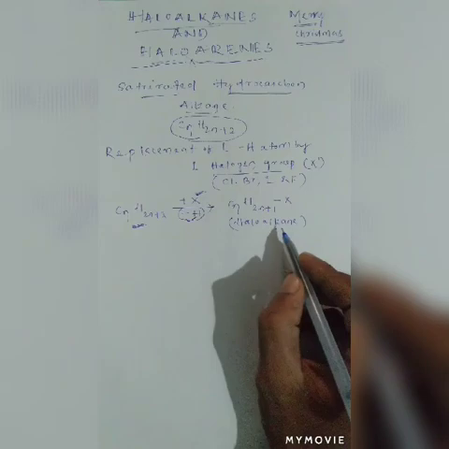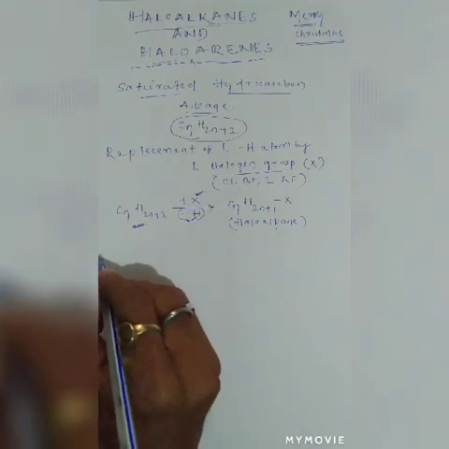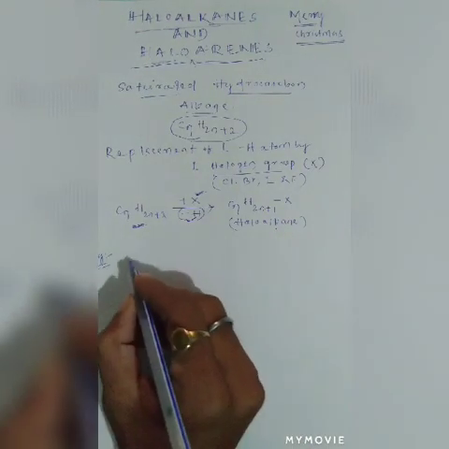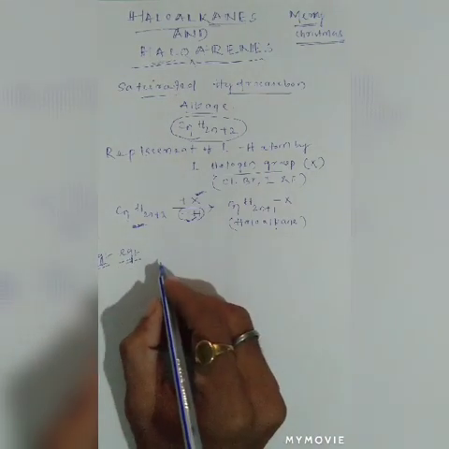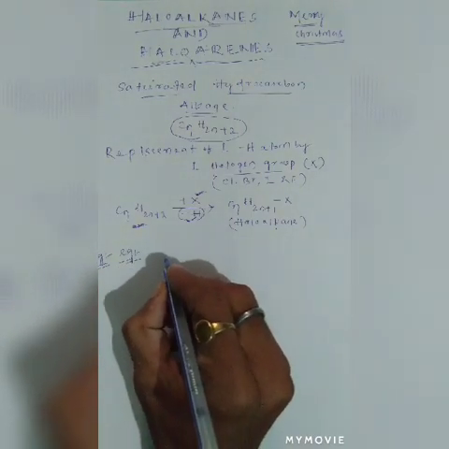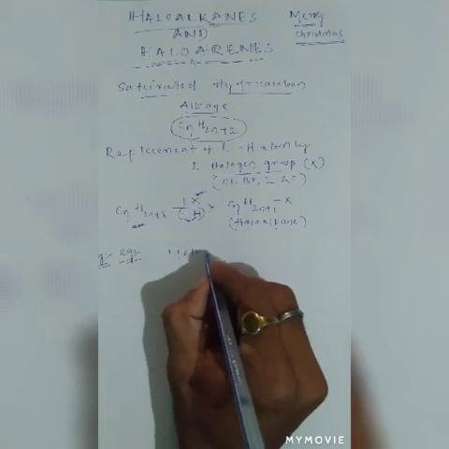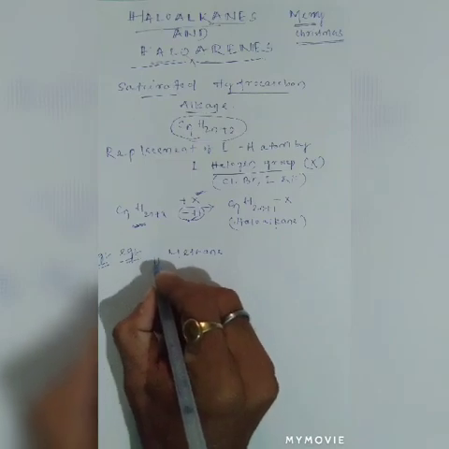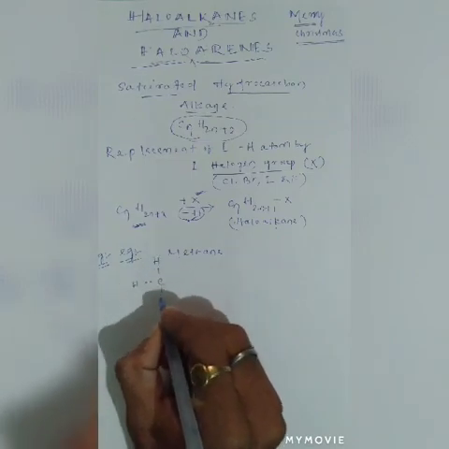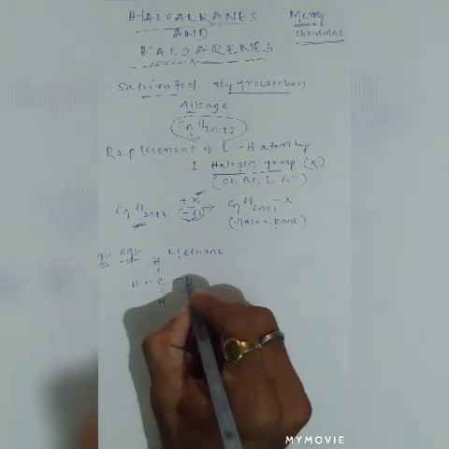Now we can see an example of haloalkane. Let's take the methane group. The structure of methane has 4 hydrogen atoms attached to the carbon atom.